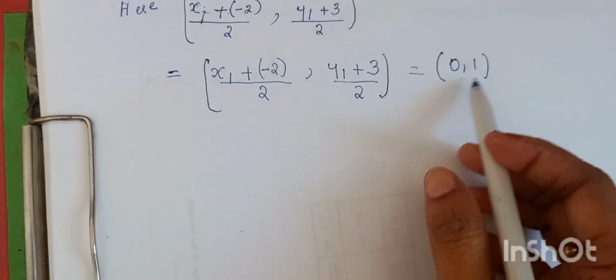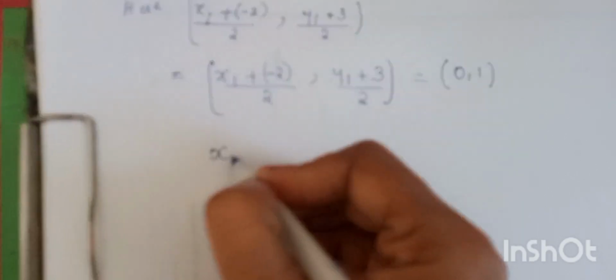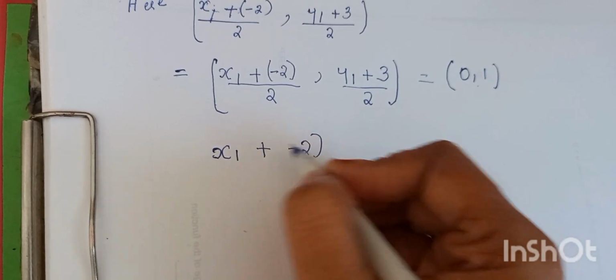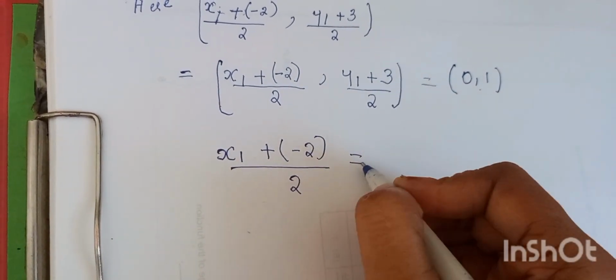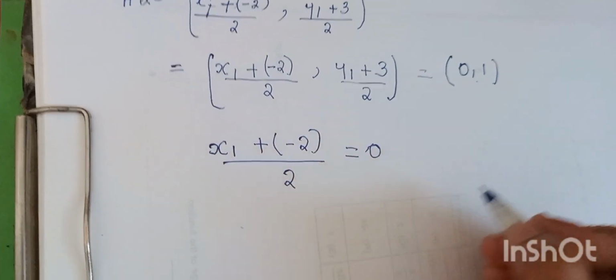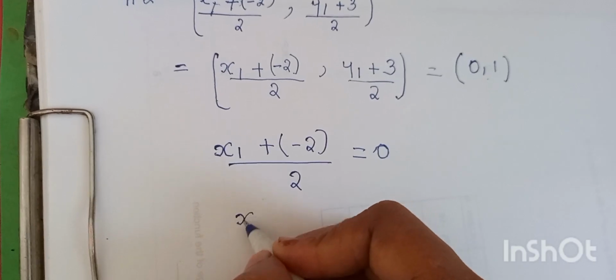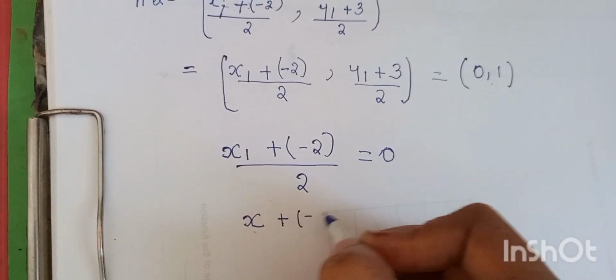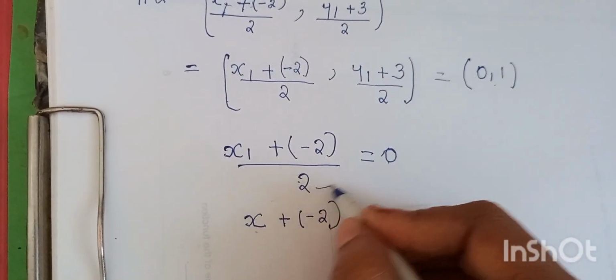So we have to equate this (x1 plus minus 2) whole divided by 2 is equal to 0. So from this we get x1 plus minus 2, this is equal to this.